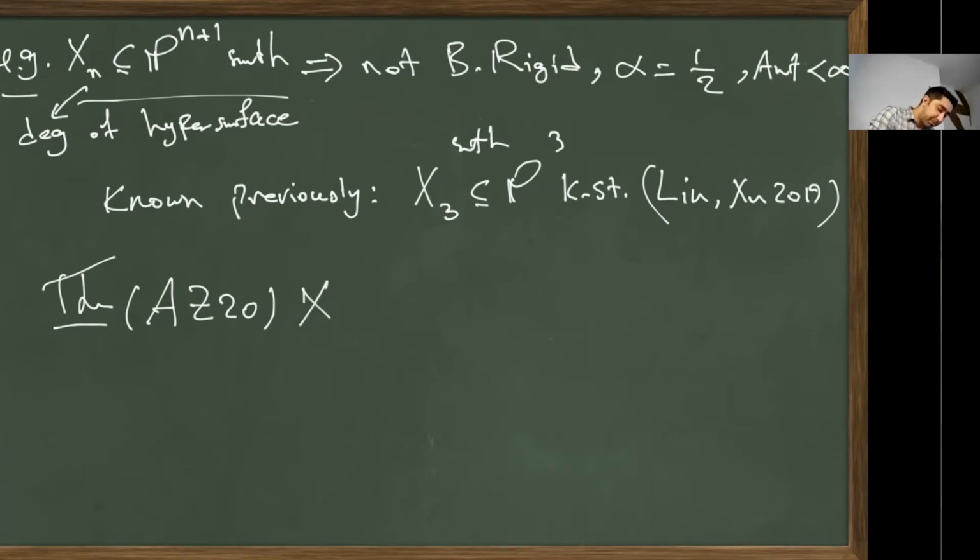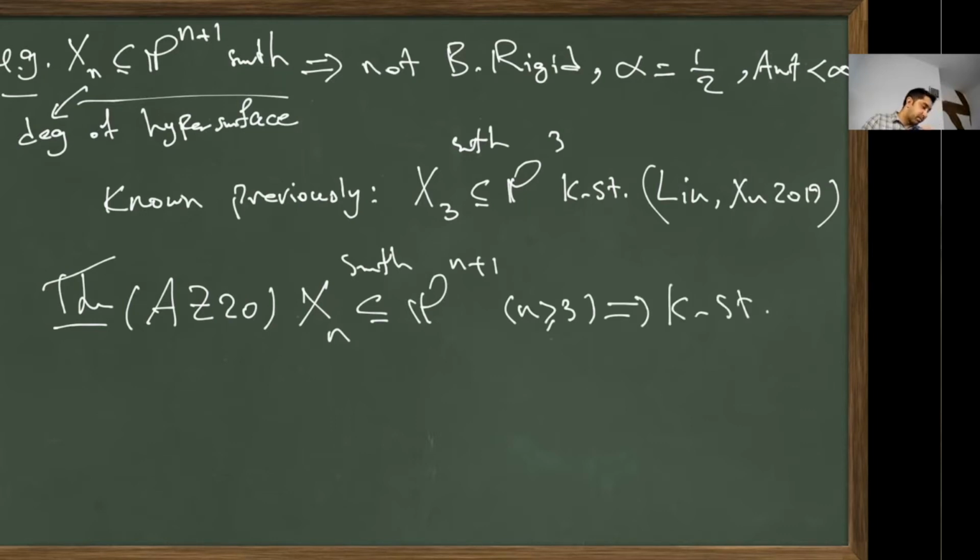In the first one, we proved that if X is a smooth X_n in P^{n+1}, with n at least 3, then you have K-stability. So this is settled completely for these index 2 hypersurfaces.